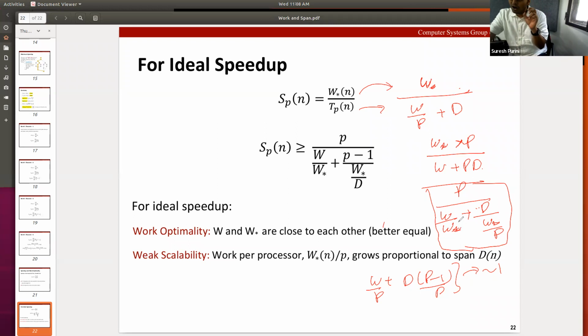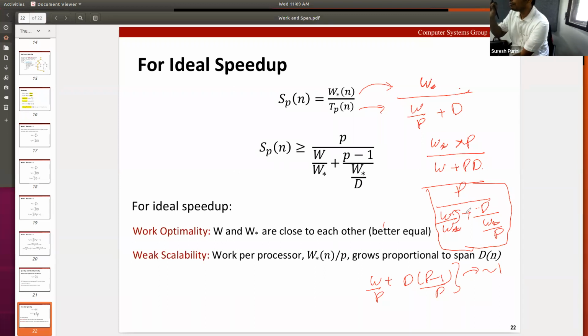That is, when you are moving from serial code to parallel code, the work cannot increase by a factor which is a function of n. You can increase the amount of work by a constant value, but it cannot be like you are doing log n more work. If you are doing log n more work when going from serial to parallel, then asymptotically it's a bad thing, because as the size of the input increases, the speed up that you get will go down. And this is what is called work optimality.